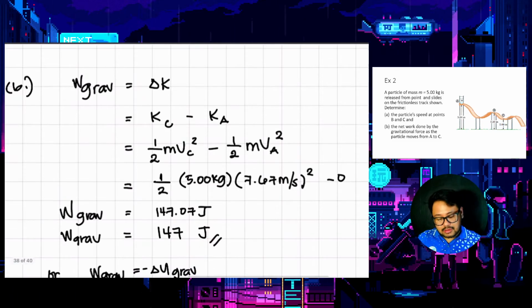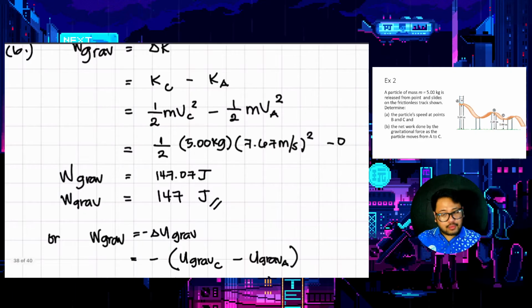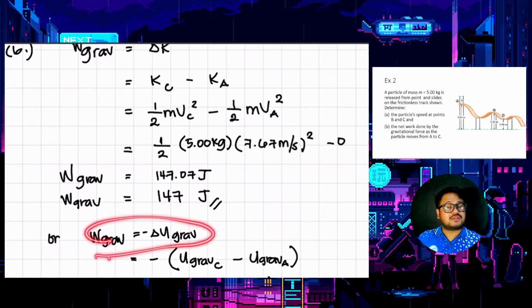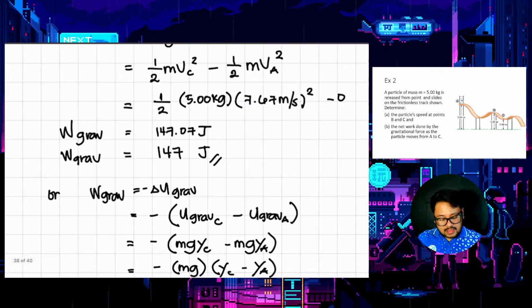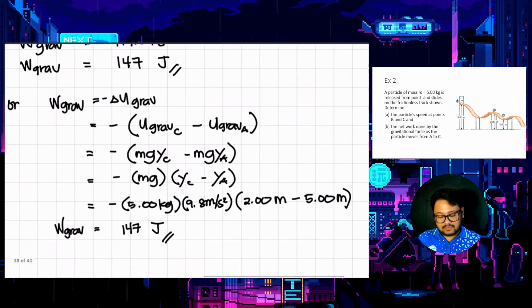The other way is this one: work done by gravity is just equal to the negative change in gravitational potential energy, the change from point A going to point C. So, you have negative U grav C, the final gravitational PE, minus the initial gravitational potential energy U grav A. Doing algebra, the work done by gravity is just equal to negative times 5 times 9.8 times 2 minus 5.